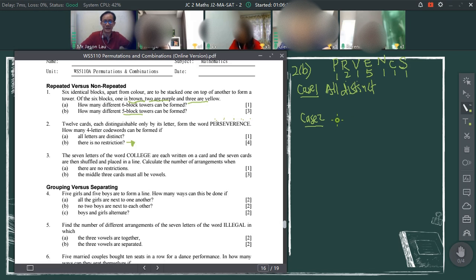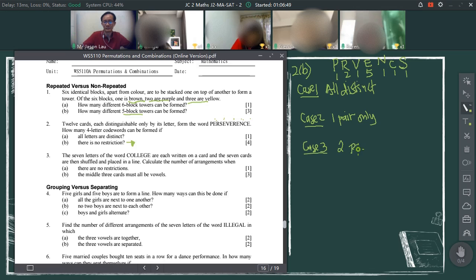Then case 2 will be one pair. One pair only. Is it two pairs or all distinct? Well, I think I didn't do two pairs. Case 4, one triplet.